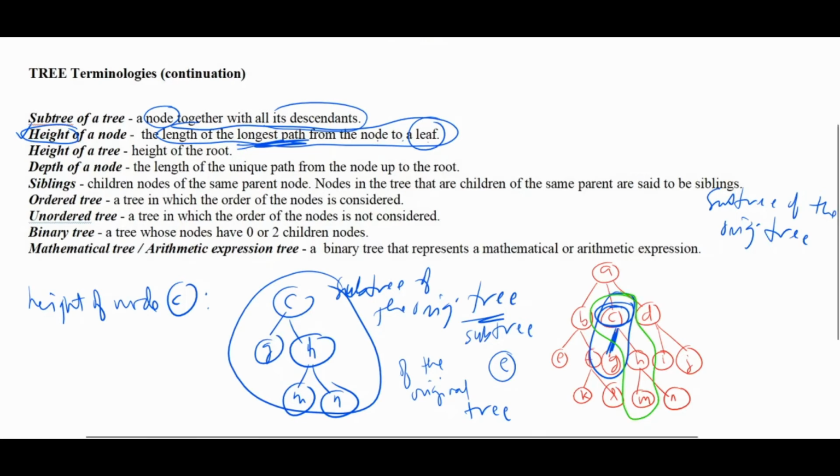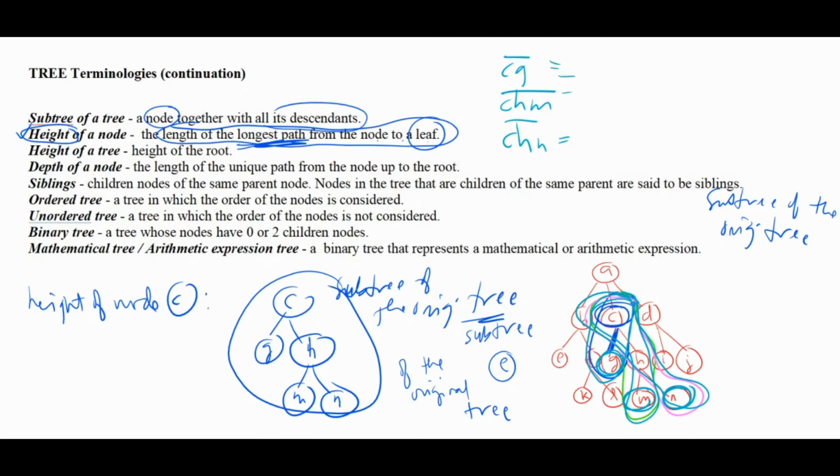And the third path is from node C to leaf N. So from node C there are 3 leaves that you can reach, and these are leaf G, leaf M, and leaf N. And so there are 3 paths also, from C to each of the leaves. So the paths are CG, the second path is CHM, and the third path is CHN.